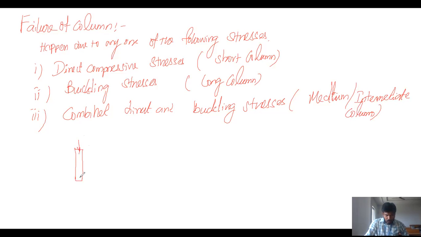Once I am going to apply the force, for example, here we can have one floor, here we can have another floor. So in between floor to floor, we can have the column.